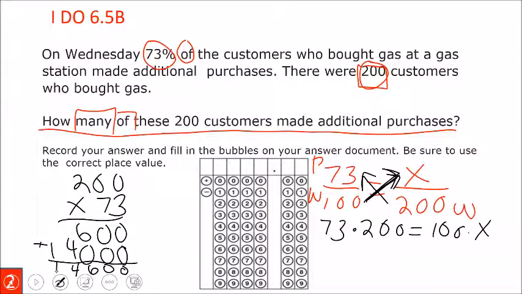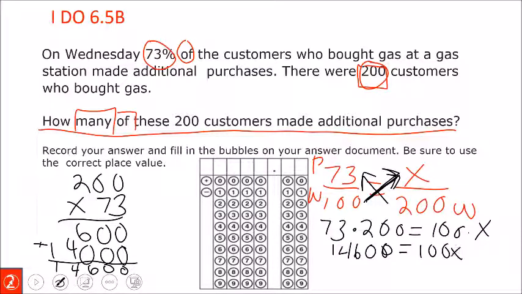Now I can write this in on our answer. So 73 times 200 is 14,600 equals 100 times x. Remember that it's 100x.